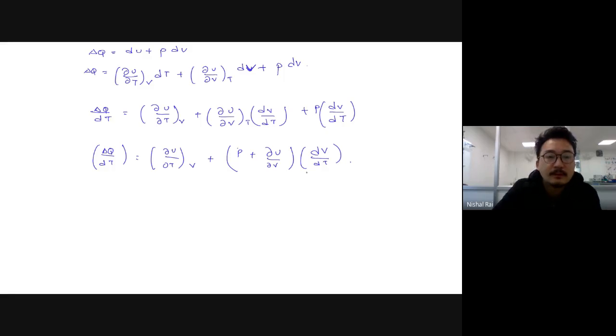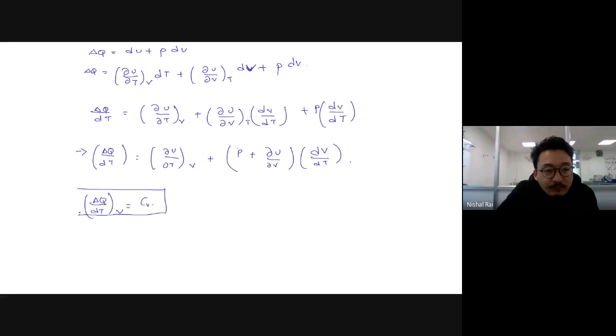Basically this much. Now can you see a certain expression? Can we turn this into specific heat? Because we know dQ by dT at constant volume was what? Yes, Cv, the specific heat at constant volume. If you all remember, this was a specific heat.